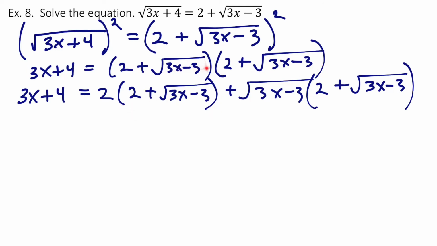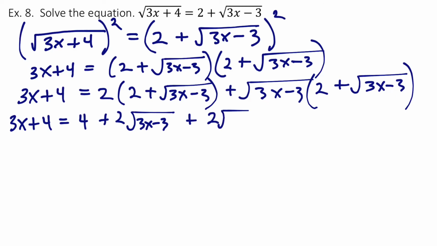I took this radical term and I distributed it to same thing here. So now I'm going to simplify that. So that's 4 plus 2 times the square root of 3x minus 3 plus another 2 times the square root of 3x minus 3. I'm putting the 2 out in front here.